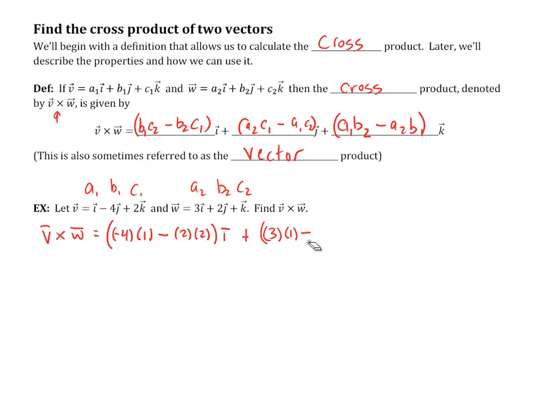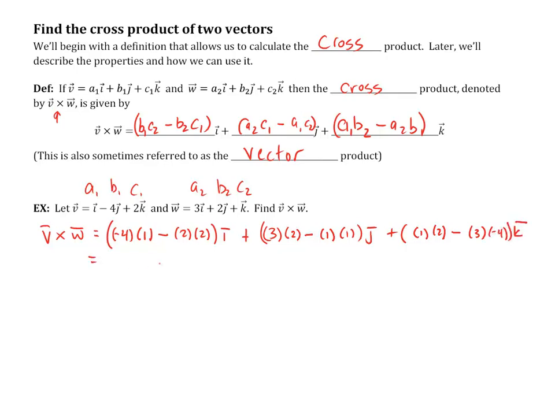I'm sorry, I said a1 before, I didn't say the right thing. You take a2 times c1, which is 3 times 2, and then you take a1 times c2, so minus a1, which is 1, times c2, which is also 1, that's times your j, plus a1, which is 1, times b2, which is 2, minus a2, which is 3, times b1, which is -4, all times k.